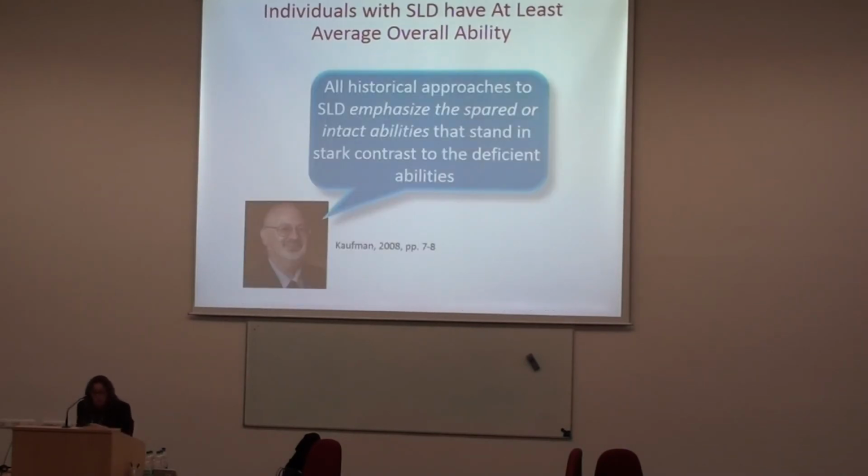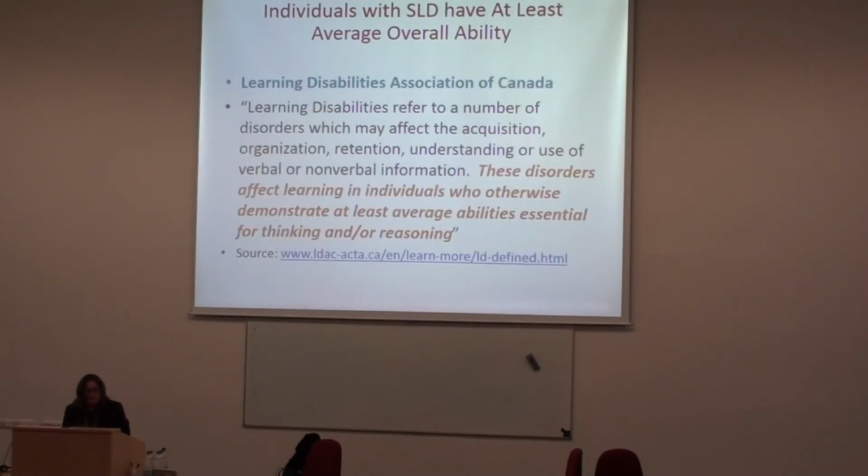Okay. All historical approaches to SLD emphasize the spared or intact abilities that stand in stark contrast to the deficient abilities. Even Canada, an entire country, this is their definition: demonstrate at least average abilities essential for thinking and reasoning.